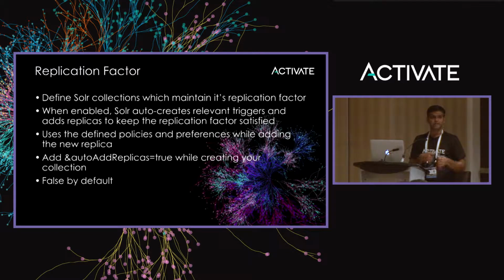So what it does is that when you created a collection and you said replication factor of 3, if the replication factor becomes 2 at that point, Solr will wait for some time, a configurable amount of time, and then move this replica or add another replica to some other machine on the cluster. So it can potentially add if you wanted to. The way to do that is when you're creating a collection, all you need to specify is auto add replicas equal to true.